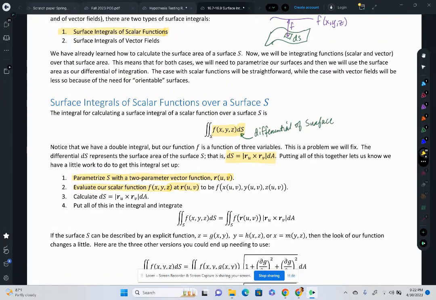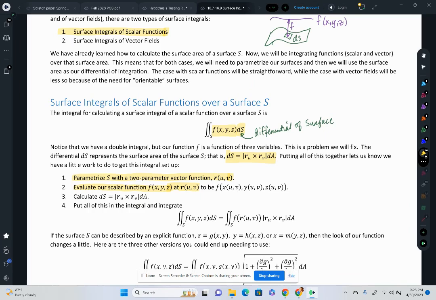We call them the x, y, and z components. So we're going to take those components, and in our scalar function, anywhere there's an x, we're going to put in the x component from the parametric surface. Wherever there's a y, we're going to take the y component from the parametric function, and the same for z. So then basically it'll be f of r of u, v.